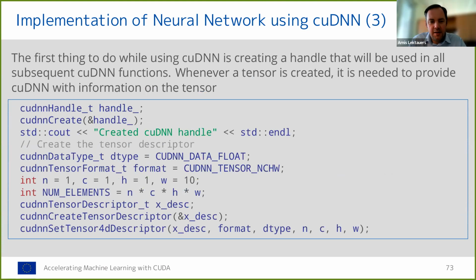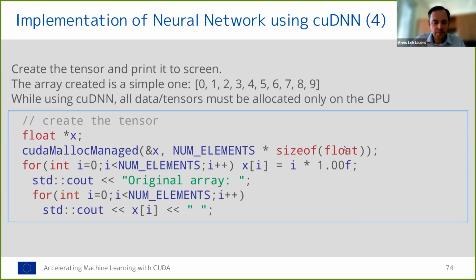Next is the starting of cuDNN by defining the necessary descriptors. For example, here you can see a tensor descriptor being created. Then, in the last line, we are setting the parameters for the tensor, defining it as a 4-dimensional tensor and providing parameters n, c, h, and w.